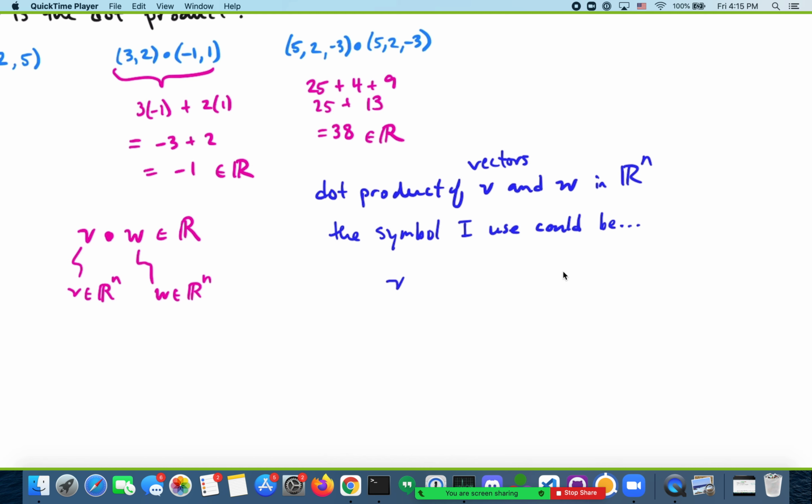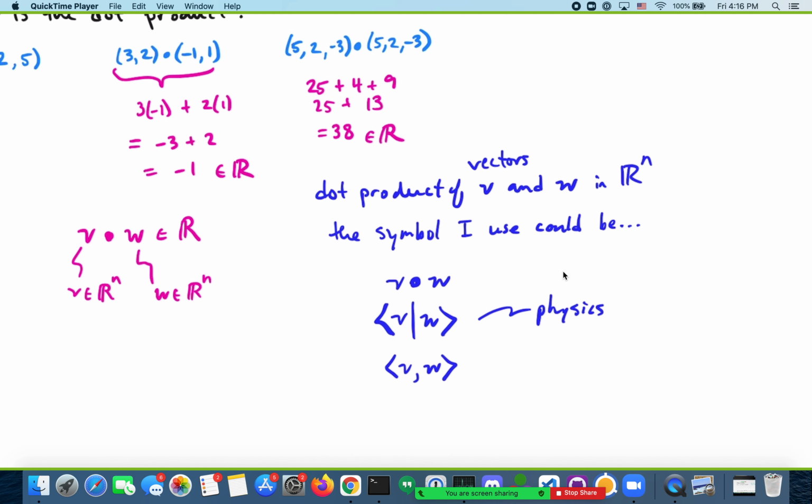So here's one symbol, v big dot w. Here's a different one, v and then an angle bracket, line w angle bracket. This is used in physics a lot, especially quantum mechanics. Some other ones in math, sometimes they put a comma, v, w, and then put it in angle brackets. What else?